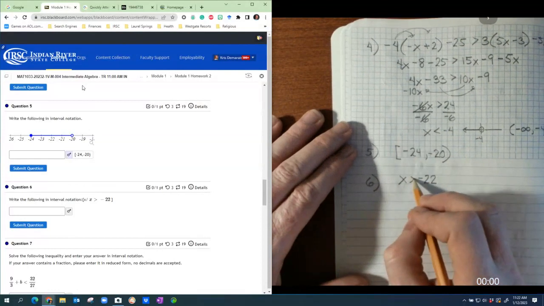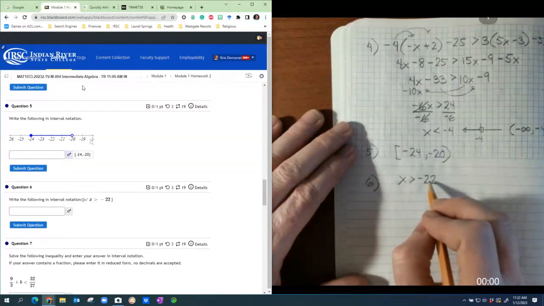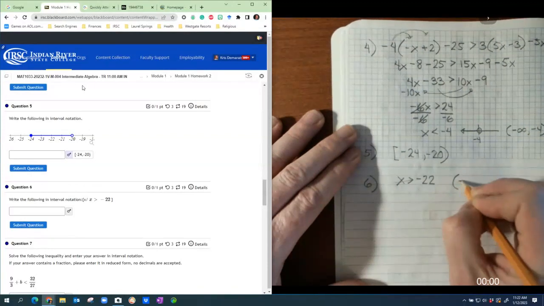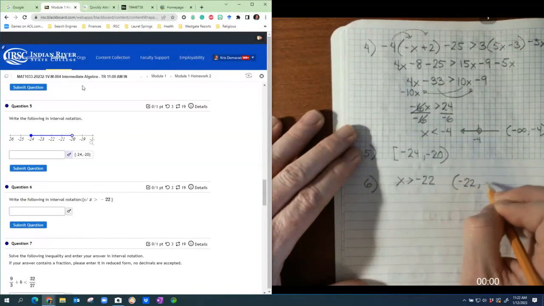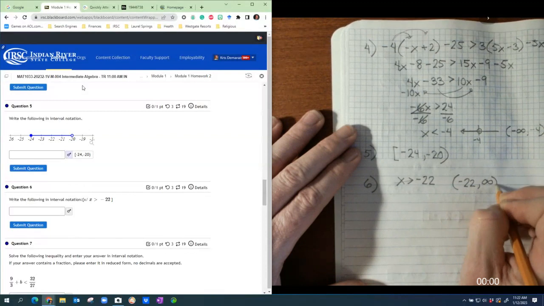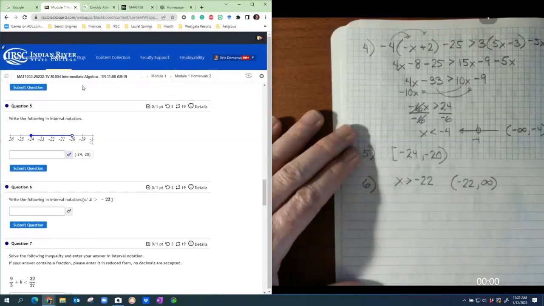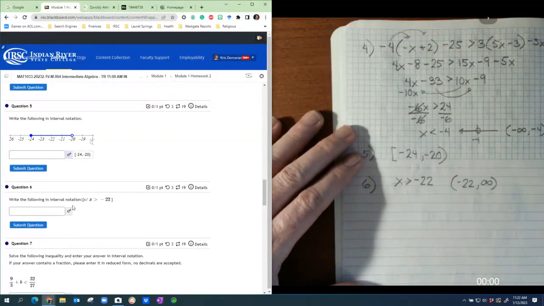It says that x is greater than -22, so we put an open parenthesis at -22. And then since it's pointing to the right, I'm going to put a positive infinity sign with a parenthesis, and I'm done. That is the answer we're looking for.